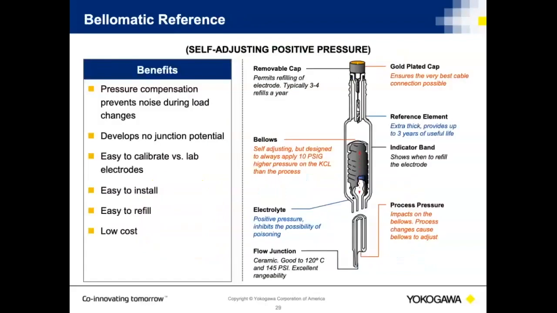Another type of reference probe that's used is a Bellomatic probe. And this has become pretty much industry standard in the high purity measurements for the power industry, in that we basically use a set of bellows to create a pressure on potassium chloride, which is forced out of the electrode under constant pressure. So the silver chloride electrode is actually mounted up here inside.